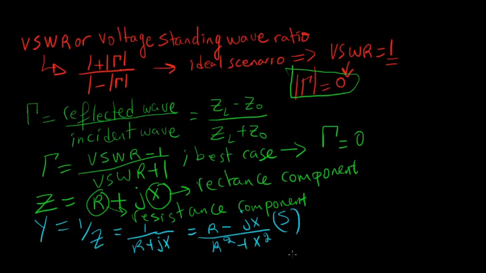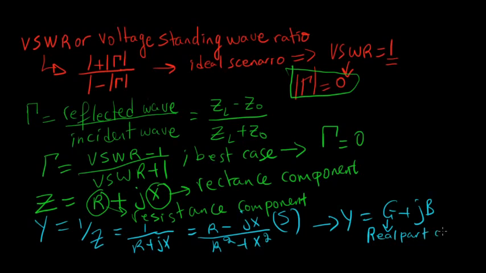Usually it's given as Y equals G plus JB, where G is the real part, conductance, and B is susceptance, and it's the imaginary part, obviously.